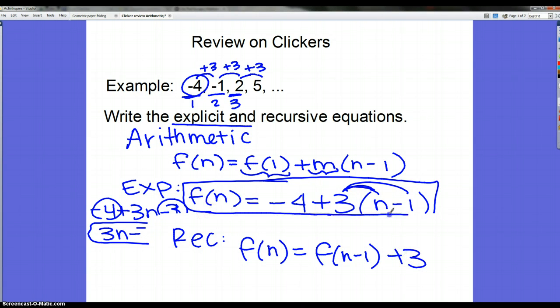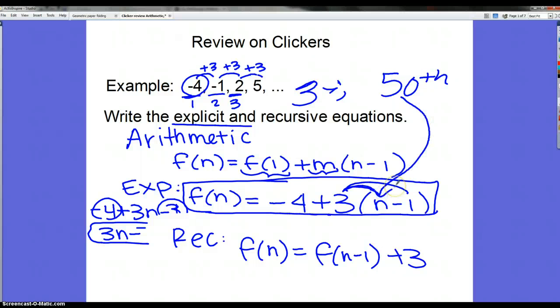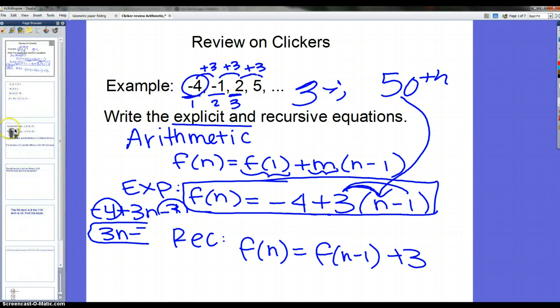So now let's say I wanted the 50th number. So I'm going to plug in 50 for n. N is whatever number you want to find or whatever number you're looking for.